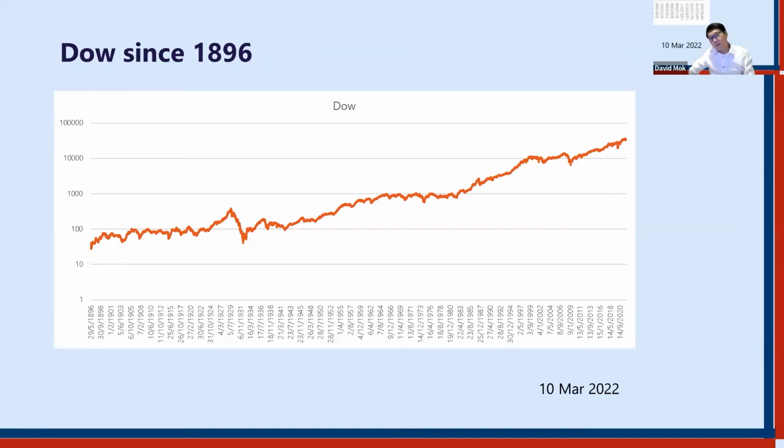This is the Dow. I've used this logarithmic chart to show you. In other words, visually, a 10% change today is equal to a visual 10% change 100 years ago. Irrespective of the number, it will not be skewed. As you can see, what does it look like? It looks like an inclined graph.